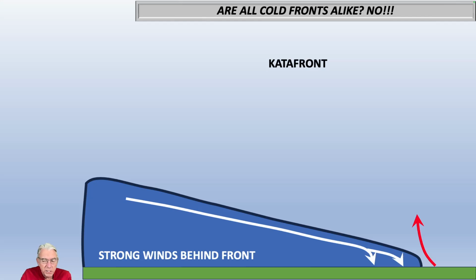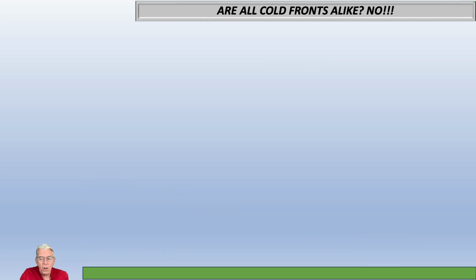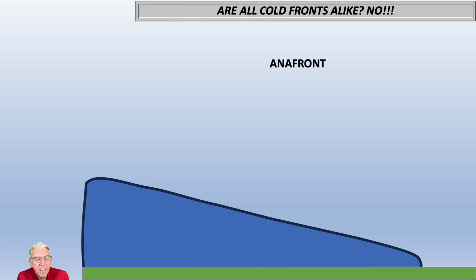However, there are exceptions, and this one is called an anafront, okay? And it's not named after somebody called Anne. It's just an anafront. I don't know where the word originated from. It probably has some Greek origin to it. But anyways, in this case, you have very weak winds behind the front. It's almost stationary, but not quite. It's just advancing very, very slowly.